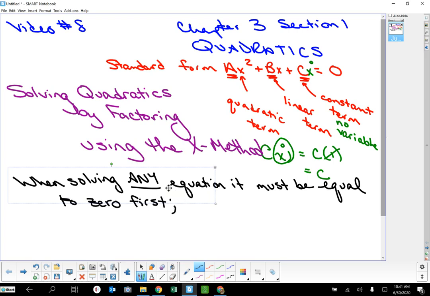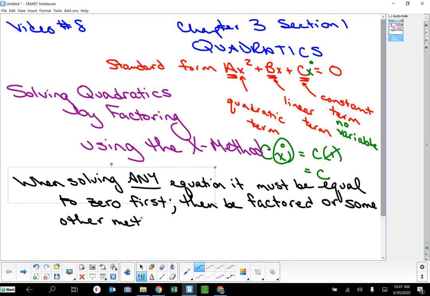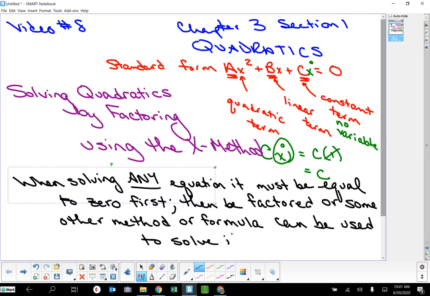And then it must be factored, or some other method or formula can be used to solve. And so what we're saying here, we want x equals something, right? We want however many answers to the problem we can get.